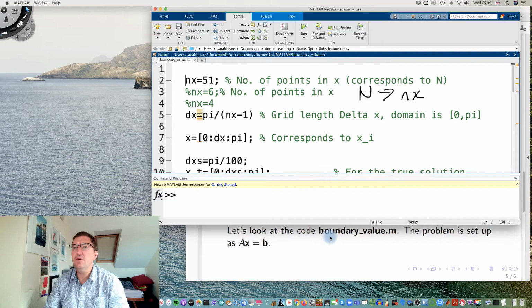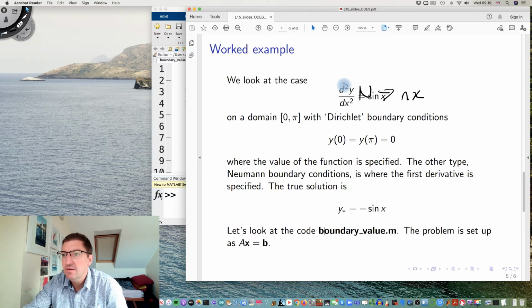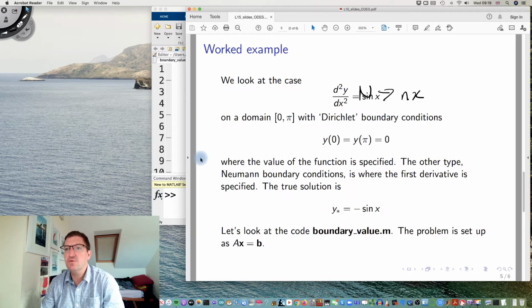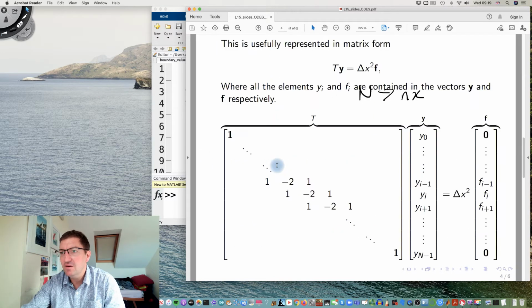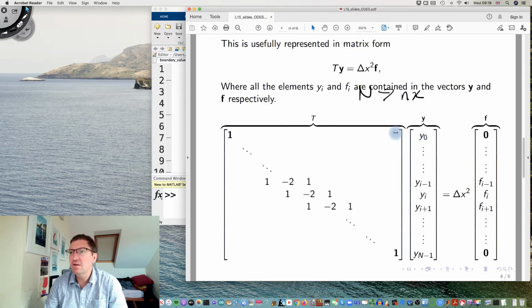So that's nx is 51. Let's just go back. You could put this together in a live script if you're interested. So n goes to nx, and that corresponds to the big N here, the number of points in the x direction that we're going to invert.